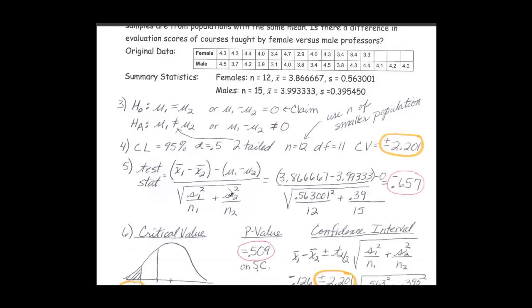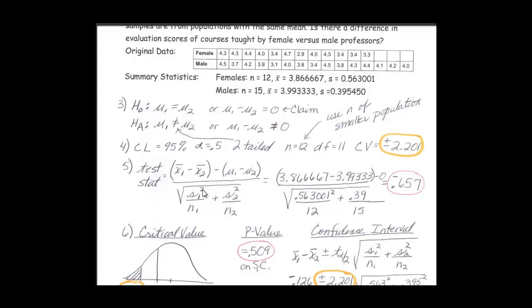Going down and plugging into this lovely formula, you have to keep in mind which is your first population and which is your second population. I've identified the female as the first population, minus the difference of the two mu's, and our population claim is that they're equal to each other, so that difference should be 0. So that's where that 0 is coming from when I plug that in. Other than that, I'm plugging in the means for both the female and the male, finding that difference.